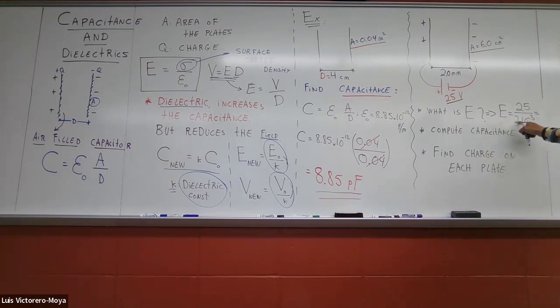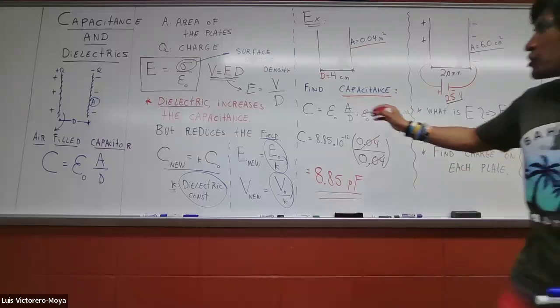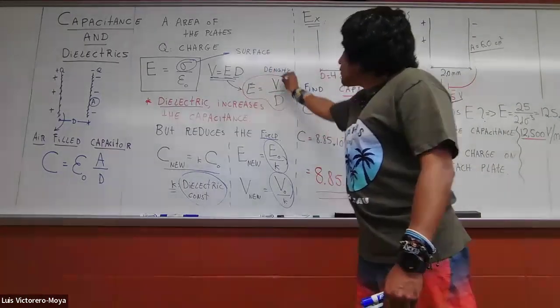So 25 divided by 2 is 12.5. Multiply, or what? 12.5 times 10 to the 3. All right? Which is 1, 2, 3, 12,500 volts per meter. Okay? So that's how you find the electric field using this equation. All right?